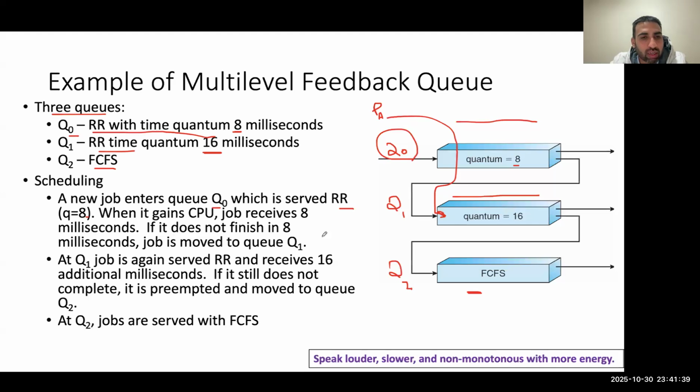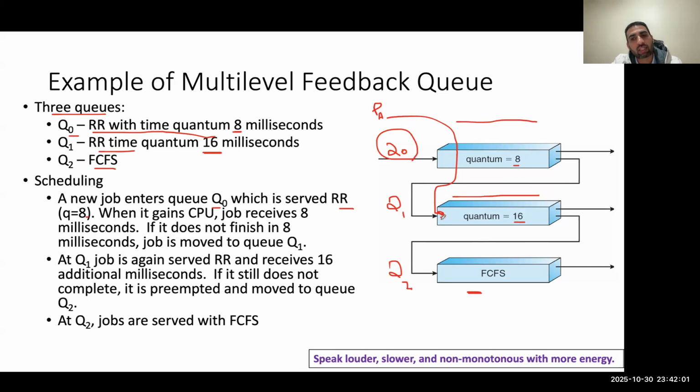So when we move it to Q1, the job is again served and receives 16 additional milliseconds. Remember, Q1 is again using RR to alternate between all the ready processes in Q1, but with a quantum value of 16.